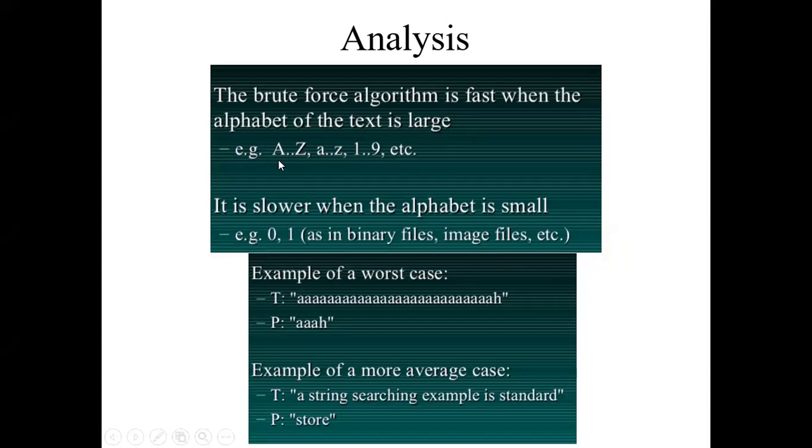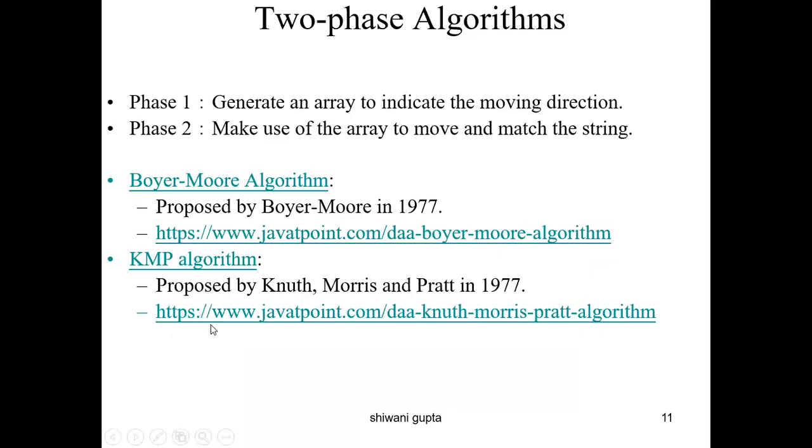When I am using English text, that is from capital A to Z, or small a to z, or from 1 to 9, why is brute force taking less time, and why is it taking more time when it is a binary string? This we have already discussed. This is an example of the worst case, and in any average case some characters will match and some characters will mismatch.